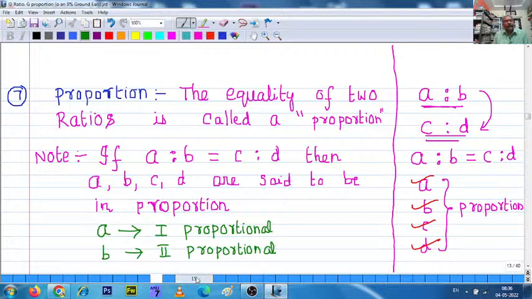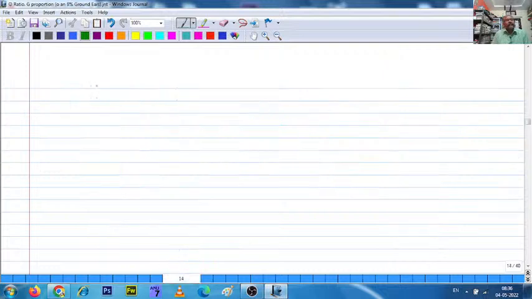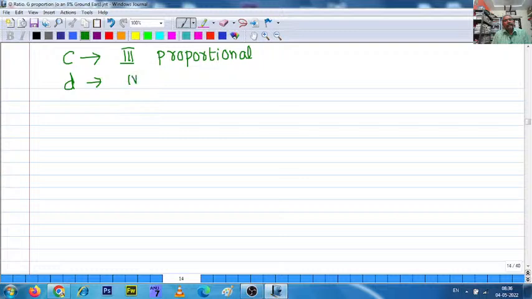Next, C is called the third proportional. D is called the fourth proportional.